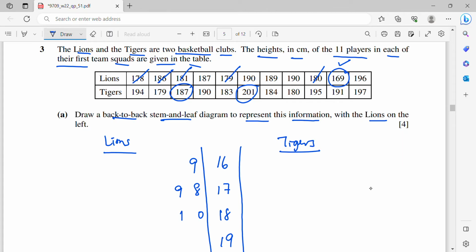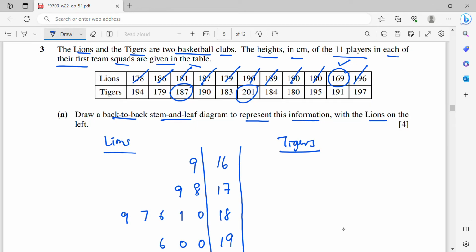Then 186, 187, 189. Okay, then 190 two times and 196. So 190 two times and 196. Alright, so that's all for the data from the Lions team.